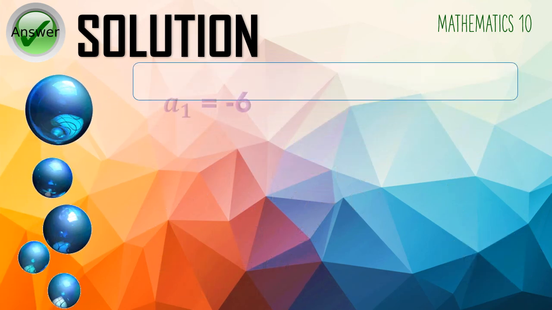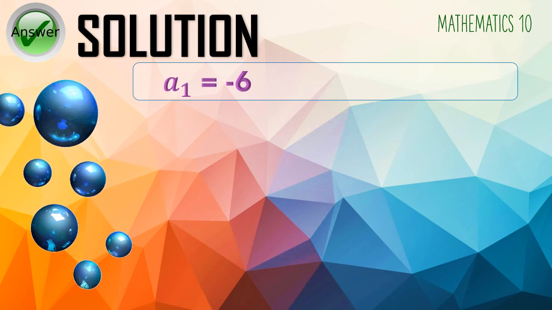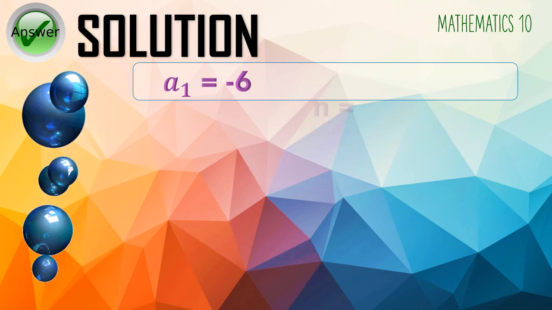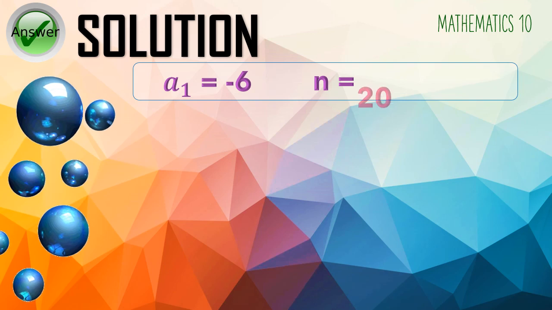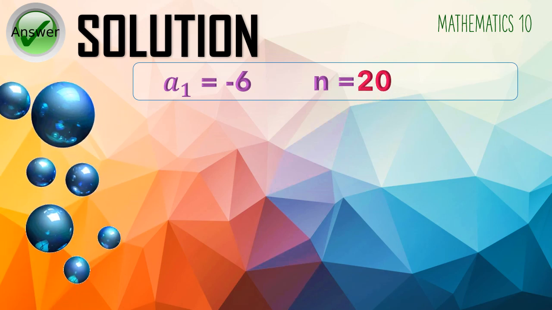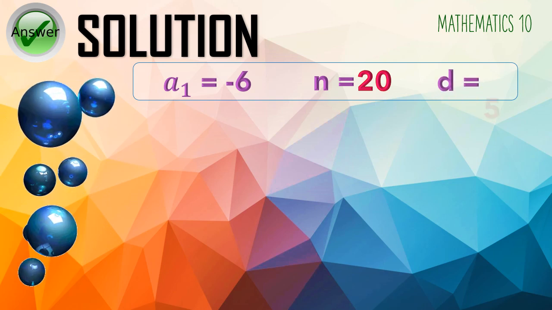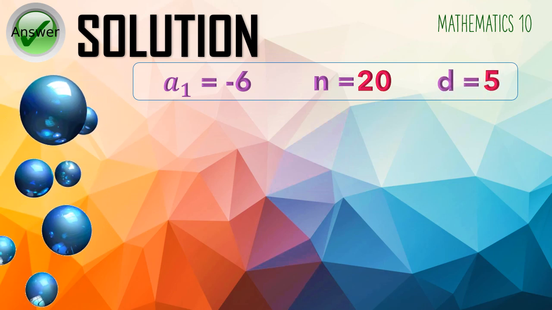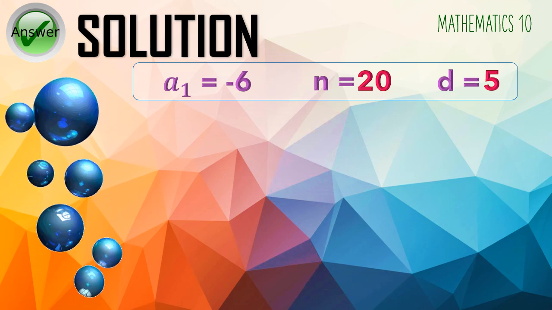Now, since we do have all the necessary data already, we do have the a sub 1, n, which is 20 because we are supposed to find the 20th term. And since we do have the d already, we can now get the 20th term.